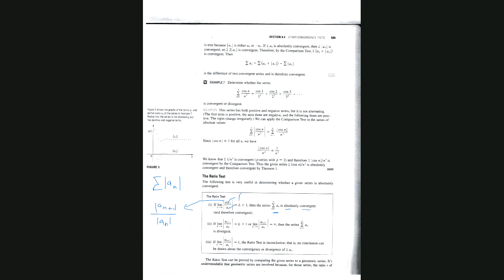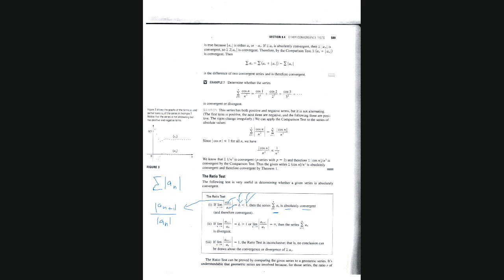So first of all, L reminds me of something, and 1 reminds me of something. What does L remind you of? When you're taking a term of a series and dividing it by the previous term, you're computing a what?